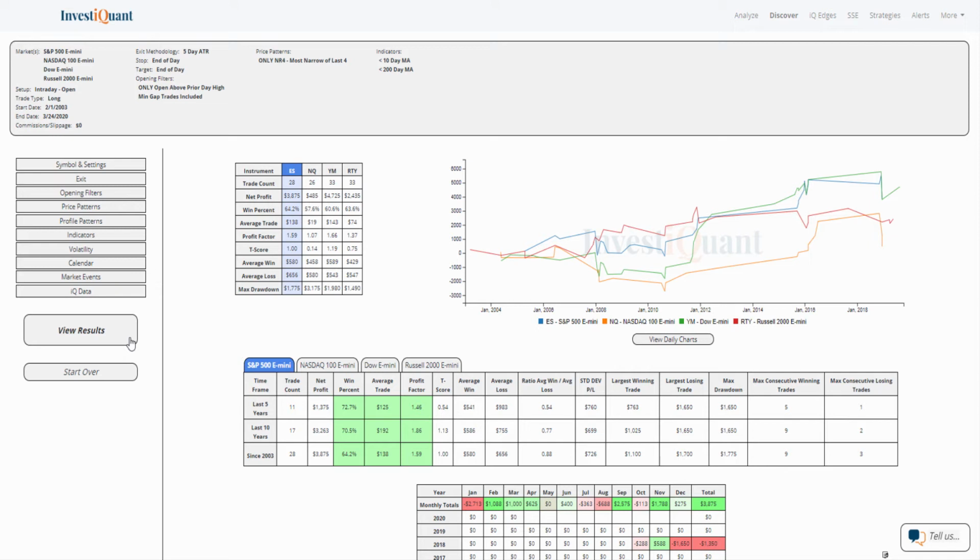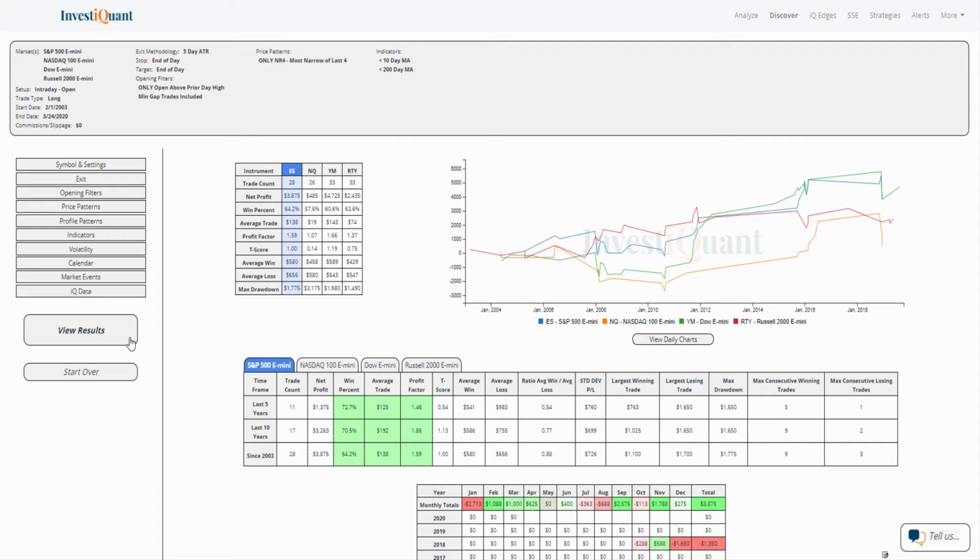When we do that, we see the four indices here, 28, 26, 33, and 33 samples. So a decent amount of samples between all four. And the win rates are really what I'm paying attention to here, and they are coming in around 60% each. So that has had a little bit of a bias to the upside historically when this pattern happens.